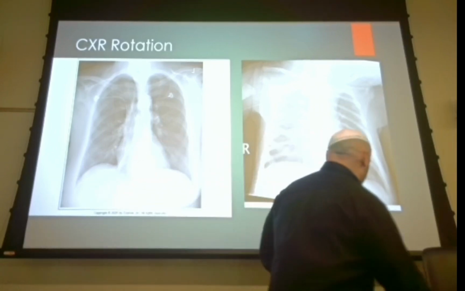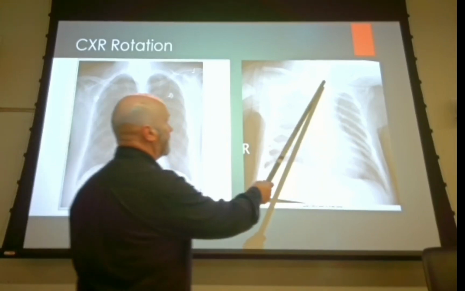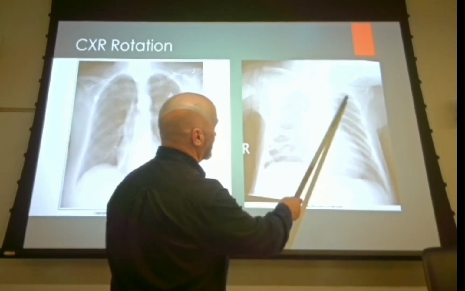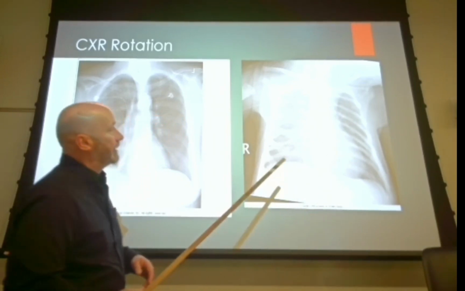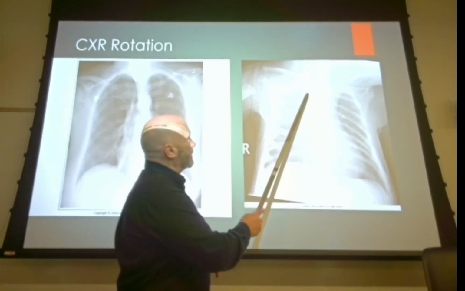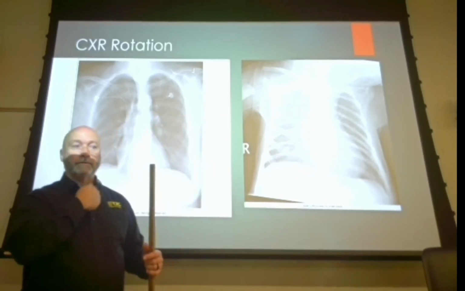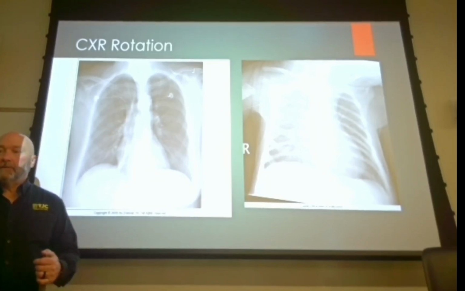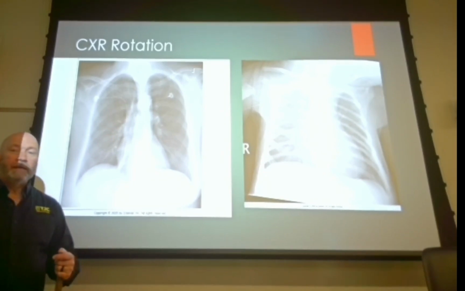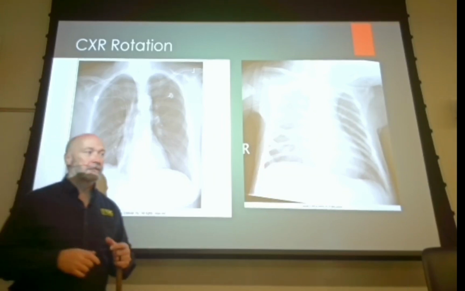The problem with a rotated child is that right up in here, and you really can't see it because we've got so much stuff rotated over that direction, but right below the thyroid, you've got the thymus. The thymus is right in there. And the thymus is basically what the children are going to base their immune system off of, and they've naturally got a large, dense thymus.